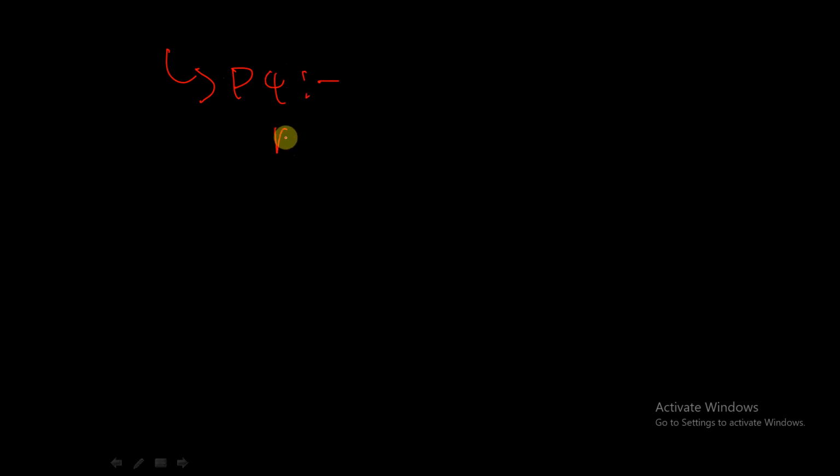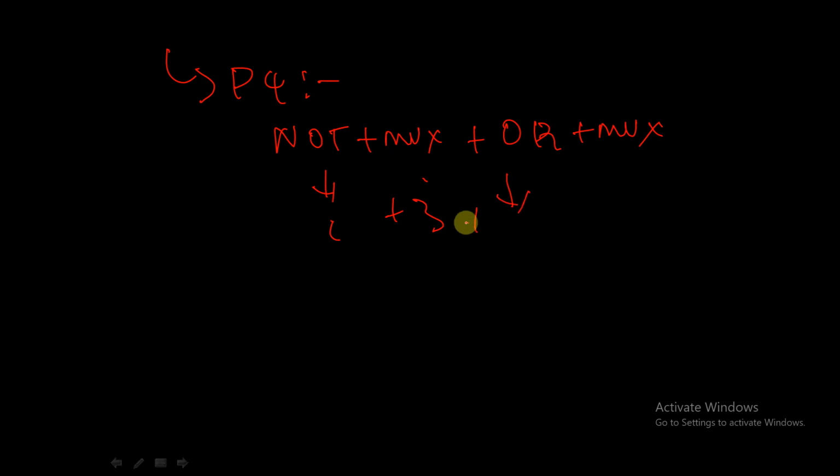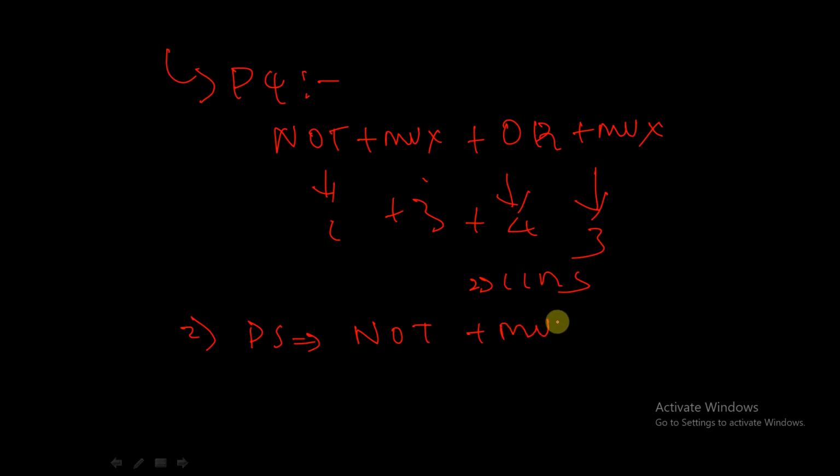That's it: NOT plus MUX plus OR plus MUX, which is 1 plus 3 plus 4 plus 3, which is 11 nanoseconds. And path 5, which is NOT plus MUX, which is 1 plus 3 plus 3, which is 7 nanoseconds.